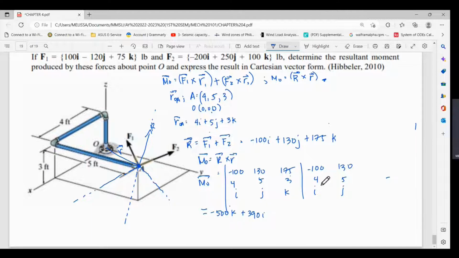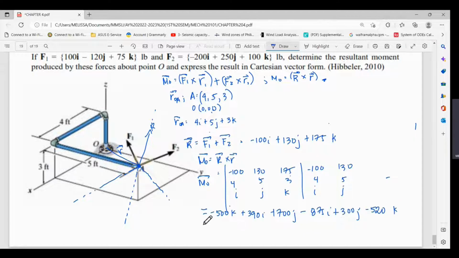Tapos 175 times 4, 700 plus 700J. Next, minus 875I. Tapos minus minus, so magiging plus 300J. Tapos 130 times 4 is 520 minus 520.